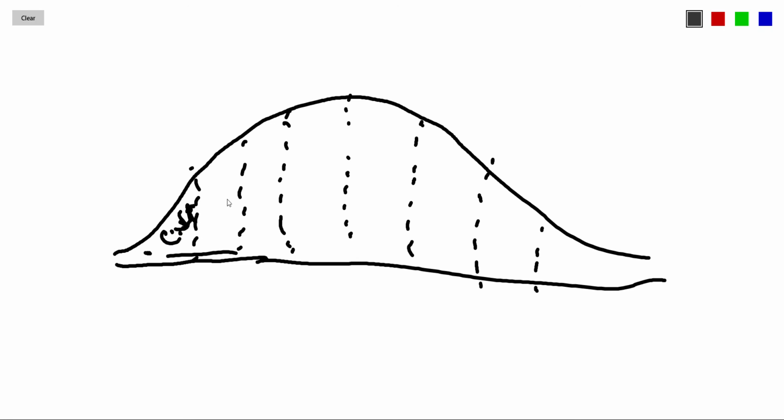This will always be 2%. This will always be 13.5%. This is always 34%. Same thing here, 34, 13.5, 2.5%. Okay. So those numbers will always stay the same for your case. And then just solve what the questions are asking us.